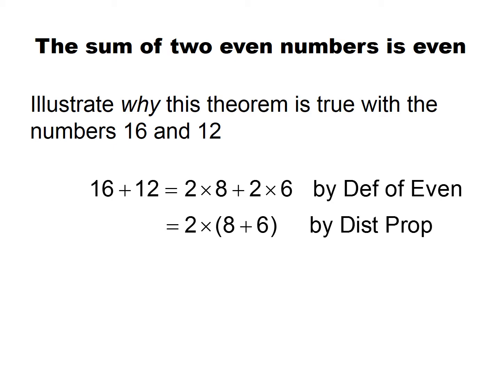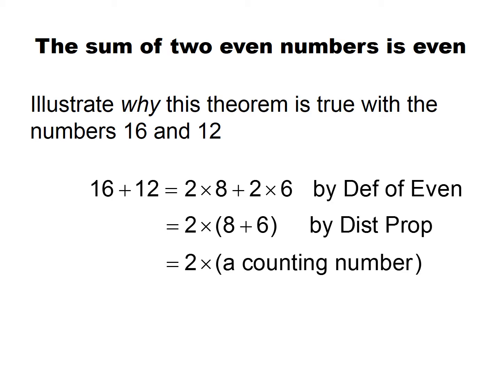Now I say to myself, well, 8 plus 6, this is a whole number, and that's a whole number. If I add two whole numbers together, I get another whole number, or more specifically, a counting number. So I have 2 times a counting number. Now that counting number happens to be 14, but we're not interested in the exact value of that counting number.